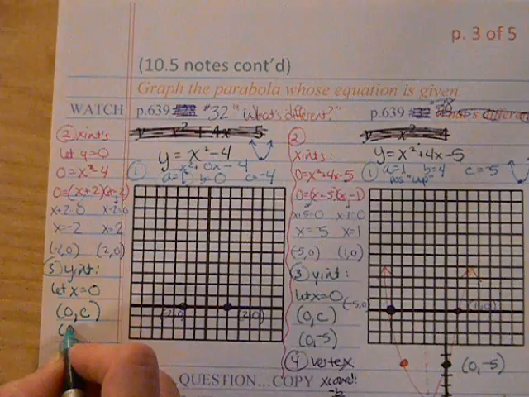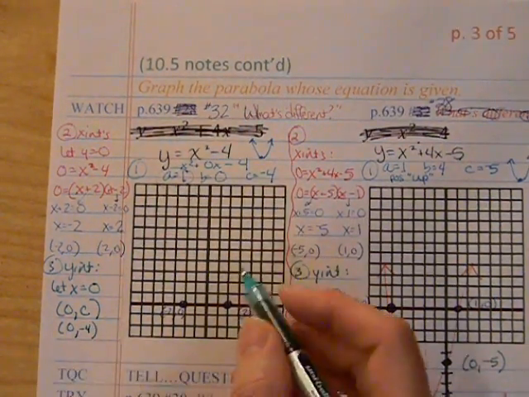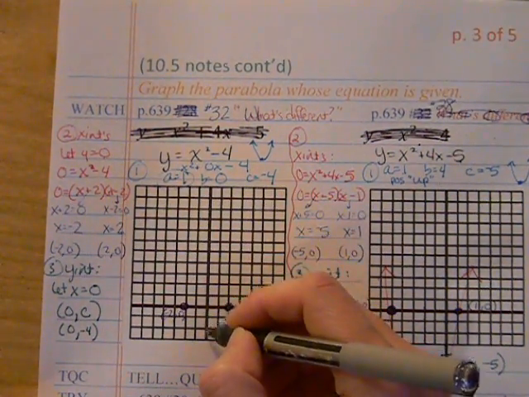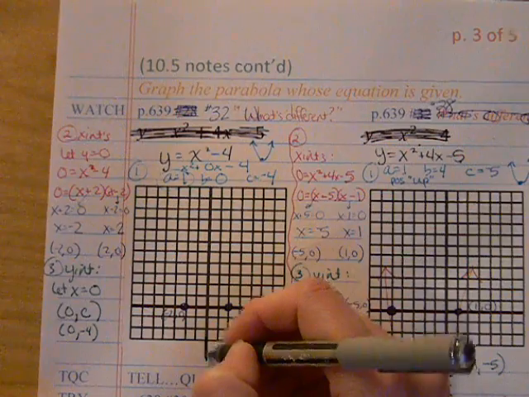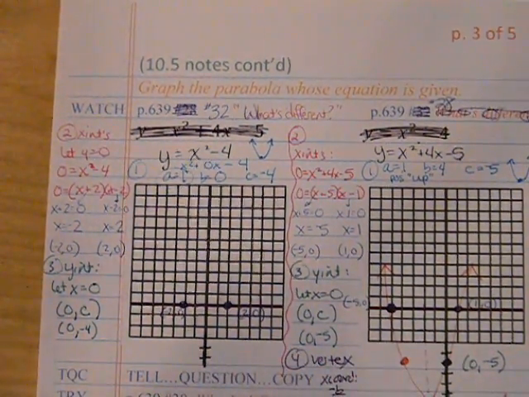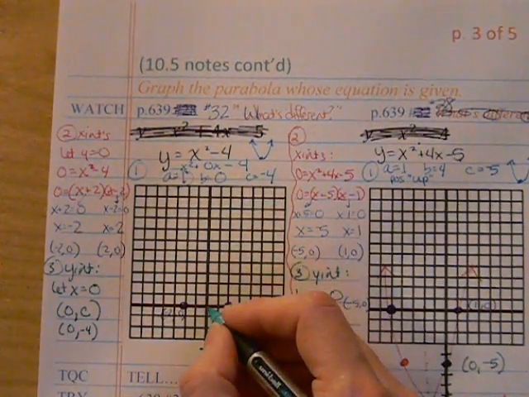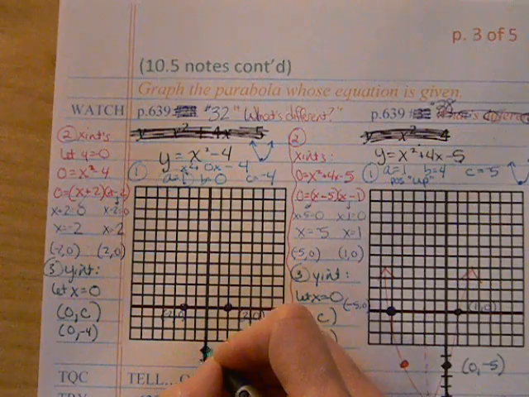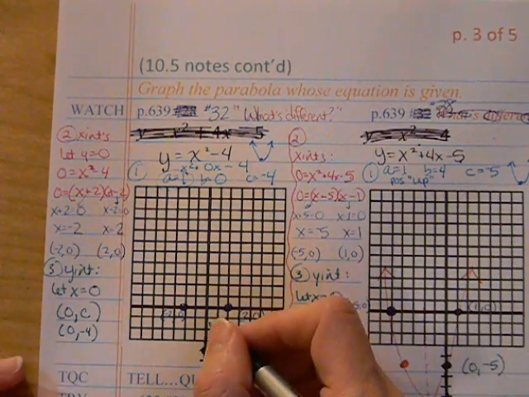In this case, it's going to be 0, negative 4. So, and I'm going to need to extend the graph here a little bit. Okay, so 0, negative 4, 1, 2, 3, 4. So there is our y-intercept.